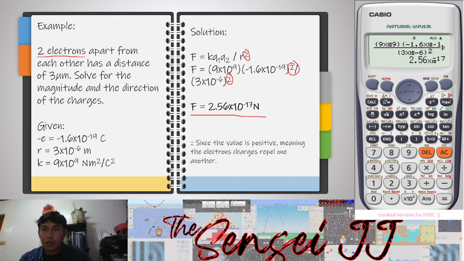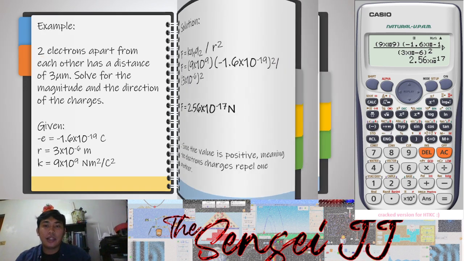So, tama ba? Yes, okay. So we have here an answer of 2.56 times 10 raised to negative 17 newtons. I hope guys na nakuha natin yung sagot natin. Okay, so let's proceed to our next slide.